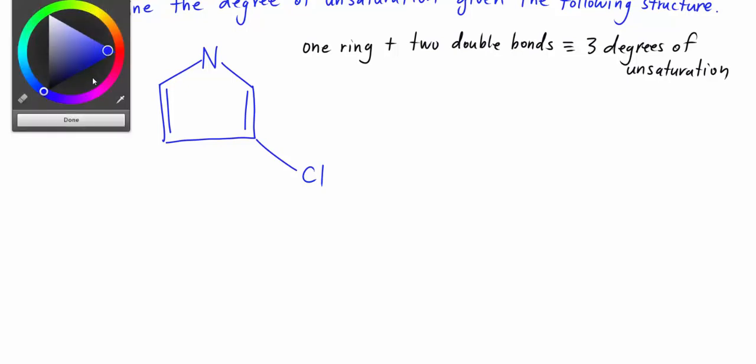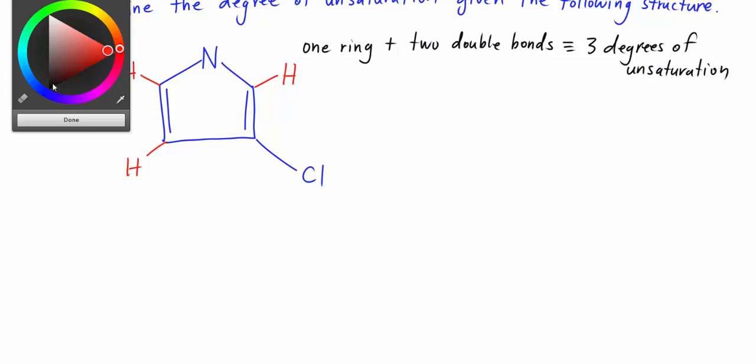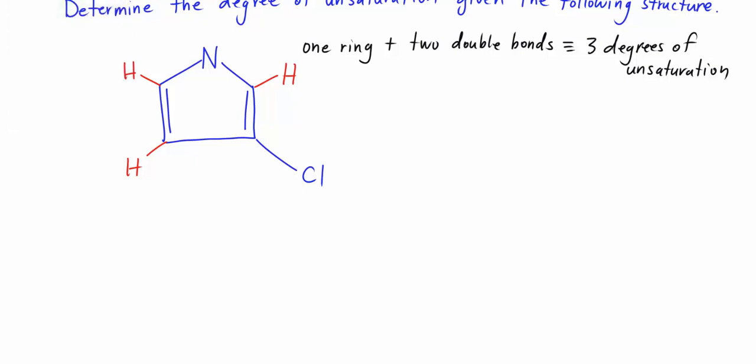The other way is that we can write out the complete molecular formula and use the degree of unsaturation formula. So let's count up how many carbons we have. We have 1, 2, 3, 4.